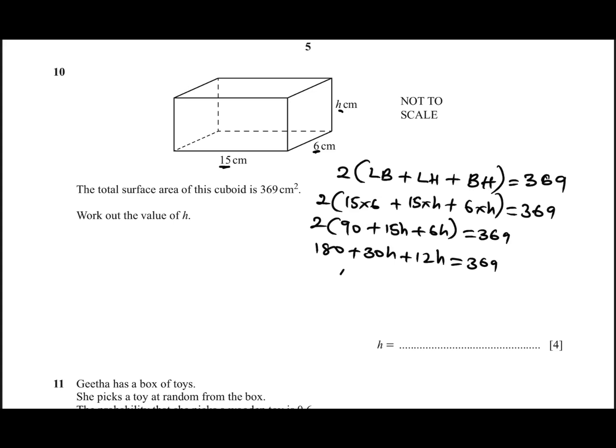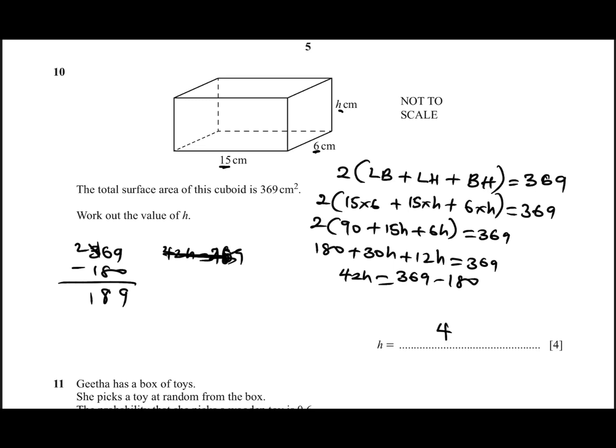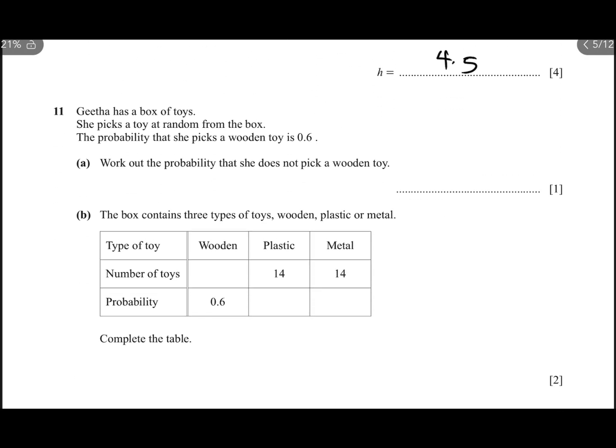That means this is going to give us 42h. Then 369 minus 180. We take 180 to the other side. What is 369 minus 180? That's going to give us 189. So 189 divided by 42. So what would that give us? Let me punch my calculator. So 4.5, correct.